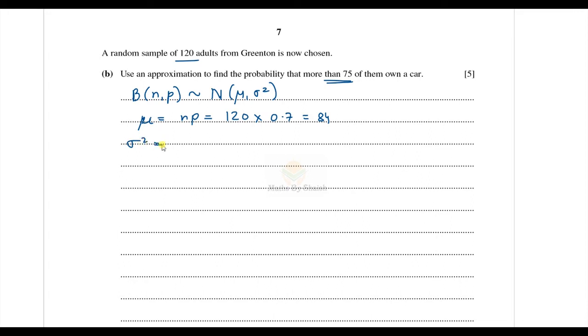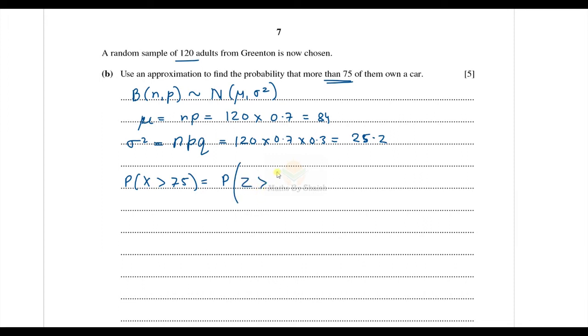And variance sigma squared is npq, and it is 120 into 0.7 into 0.3, which is 25.2. Now we need to find the probability when more than 75 of them, so we can write it in standard form using z.